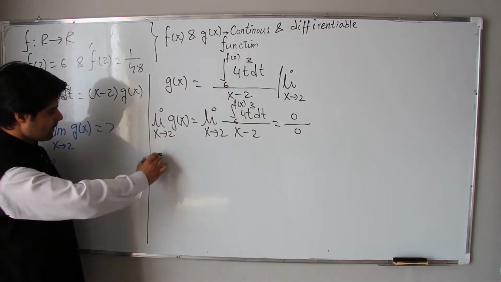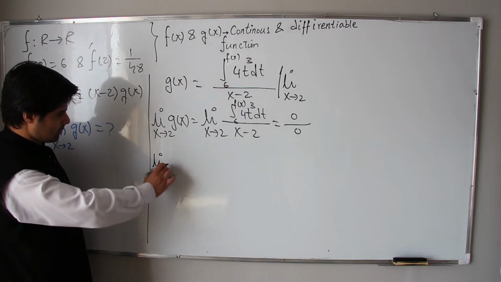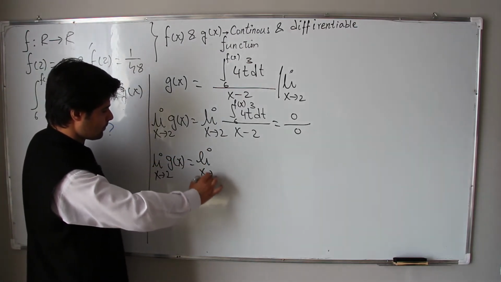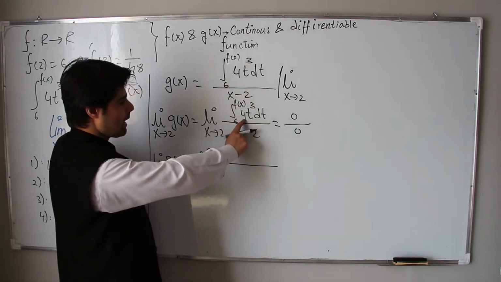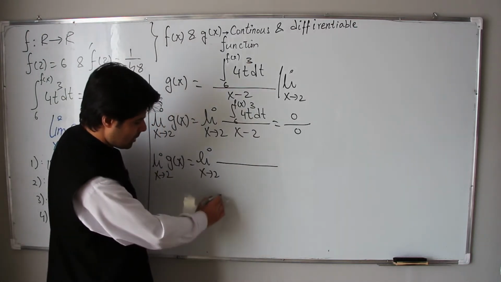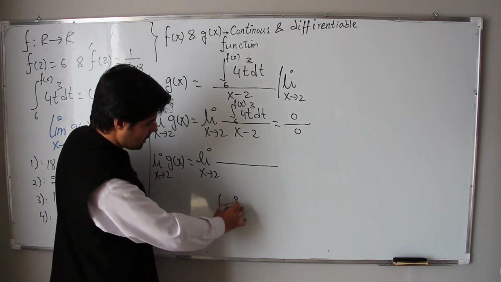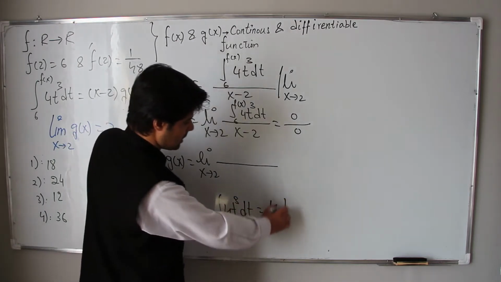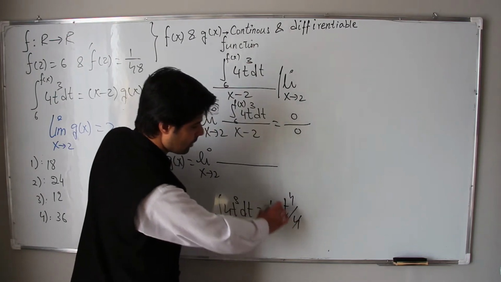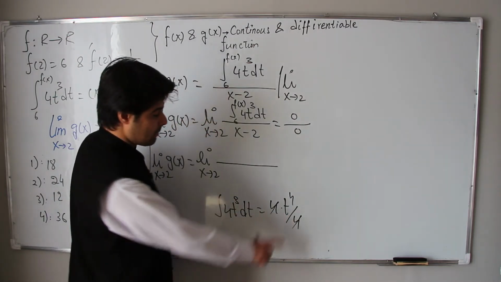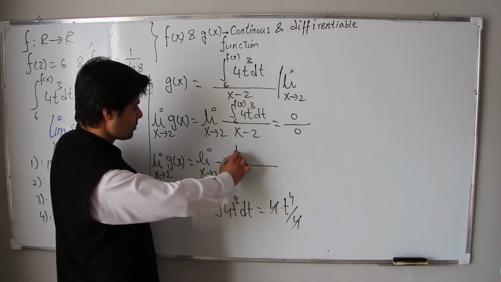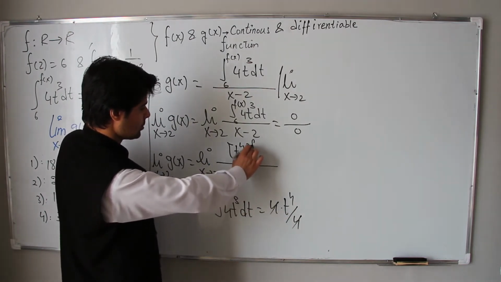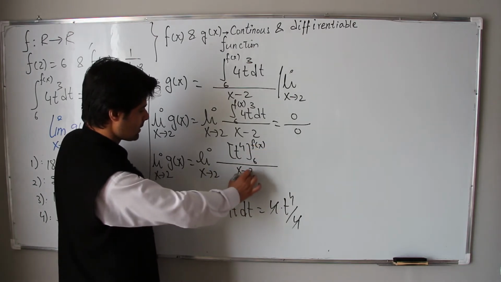How can I solve this integration? The integral of 4t to the power 3 dt. I think it is 4t to the power 4 over 4, and we can cancel this 4. It means the integral is t to the power 4, with the interval from 6 to f(x), over x minus 2.